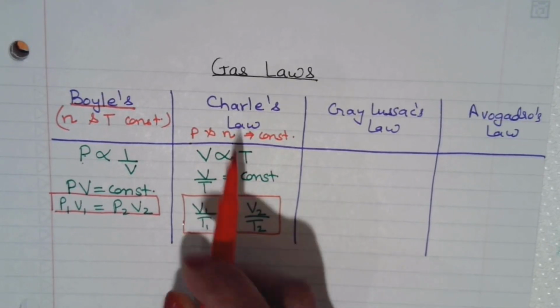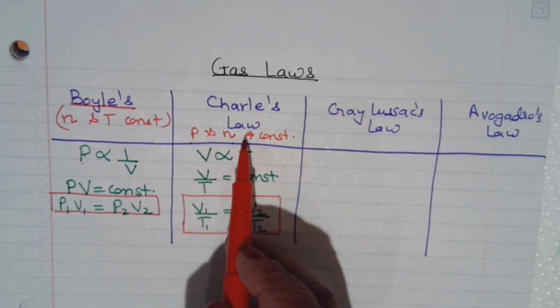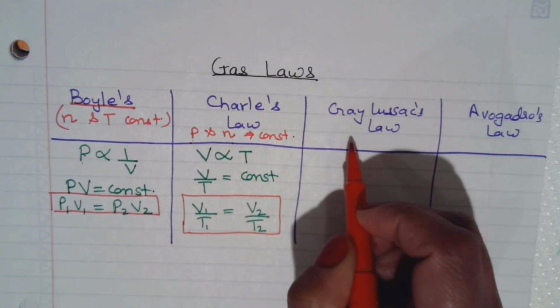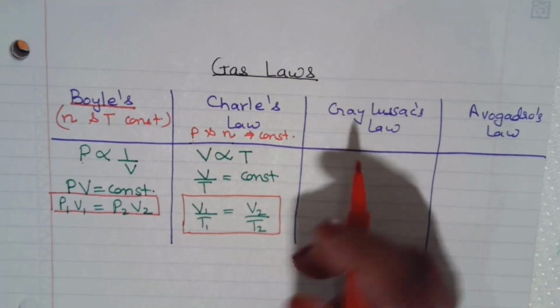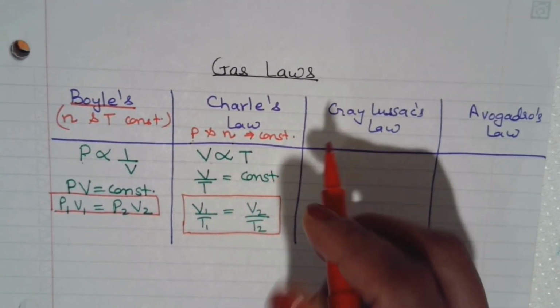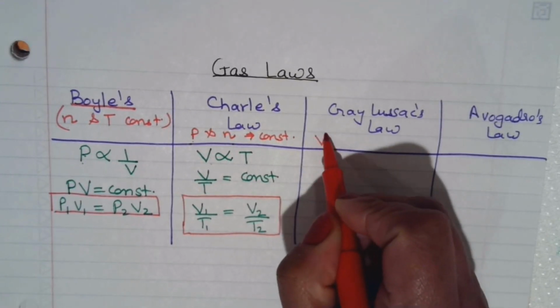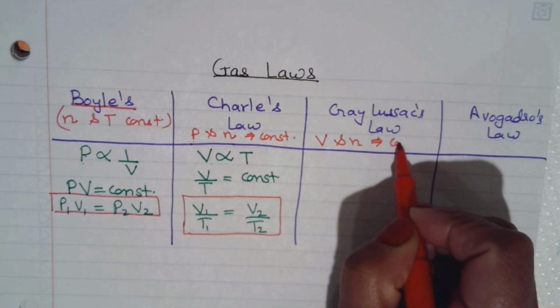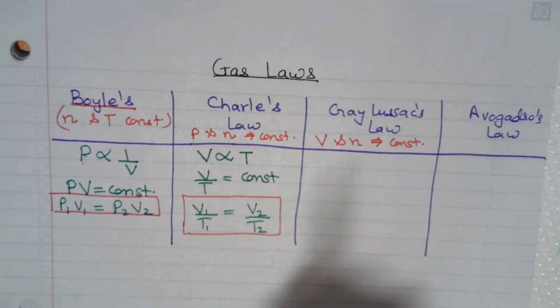This is for any gas, keeping pressure and number of moles constant. Right? Next is Gay-Lussac's law. This is the relationship between pressure and temperature of the gas. So this means we have to keep volume and number of moles constant for the given gas, right?